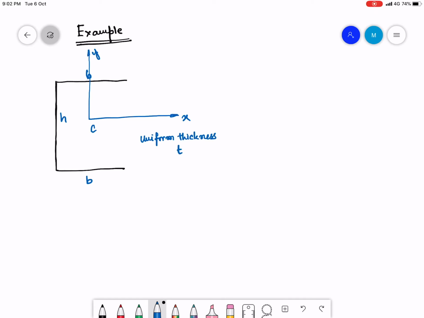Okay, now let us look into this problem. So this problem is singly symmetric. So this is a singly symmetric cross section.